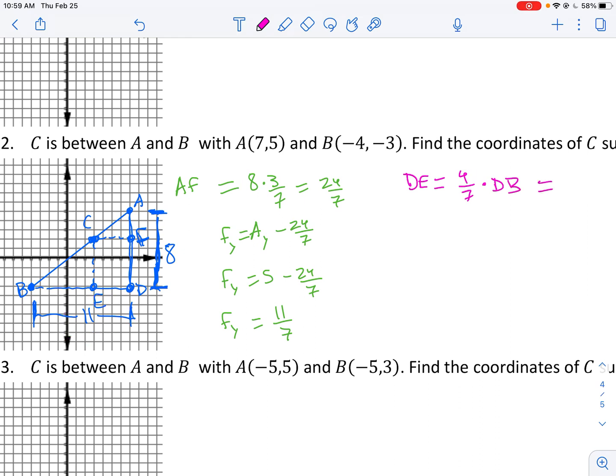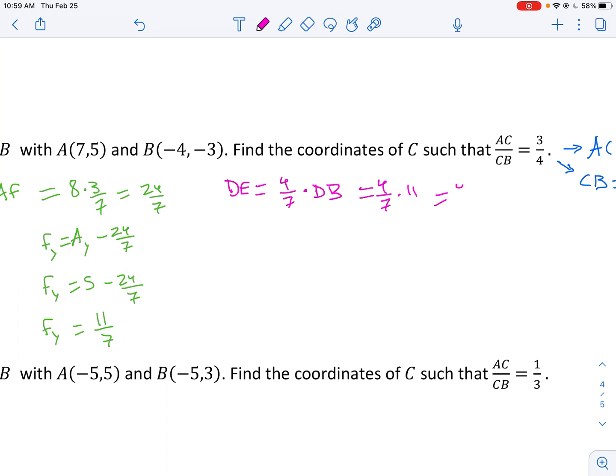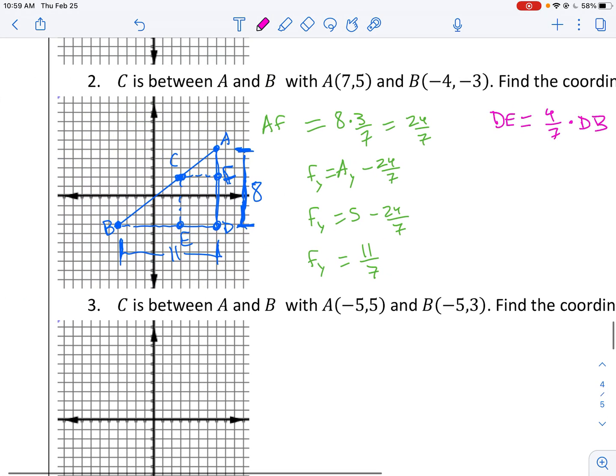So it's going to be 4/7 times 11. So that gives me 44/7. All right, so I got that this distance here is 44/7.